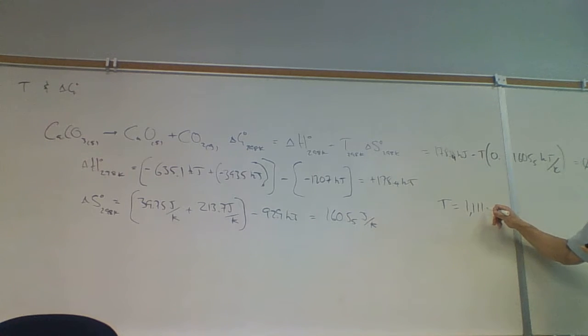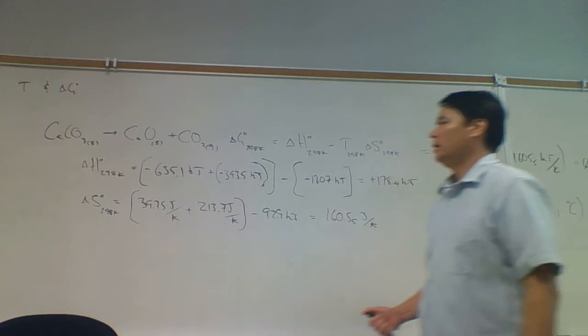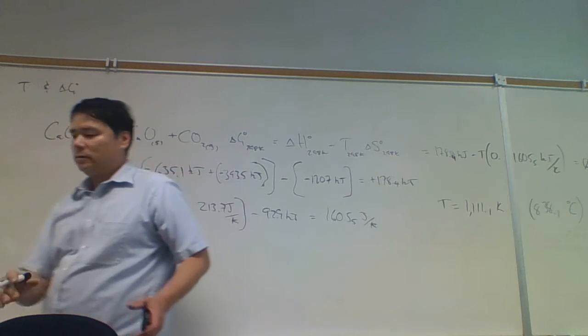Decimal place, so I should be allowed this. 1111 Kelvin. All right, that's in Kelvin. What would that be in Celsius? So let's do that. This would be 838.1 Celsius. And so if we heat this to 838, 840 degrees C, then we should be able to do this spontaneously.